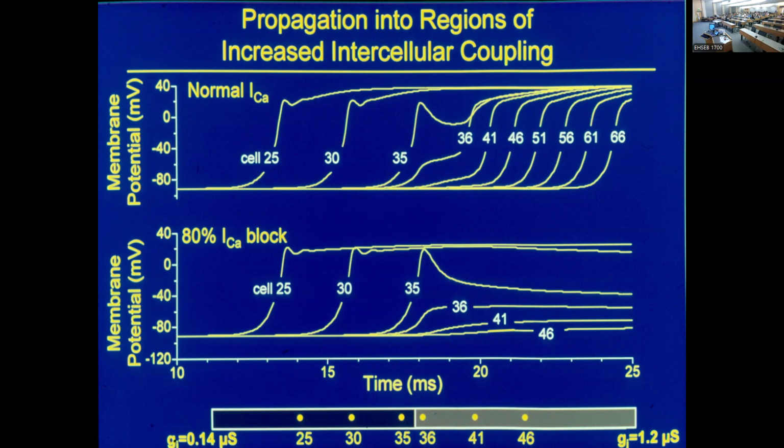You see here a fiber that has reduced gap junction coupling, but then here abruptly there is an increase in gap junction coupling. What it means is that this fiber is very well connected. So the cell here sees a lot of cells in front of it because there is low resistance.